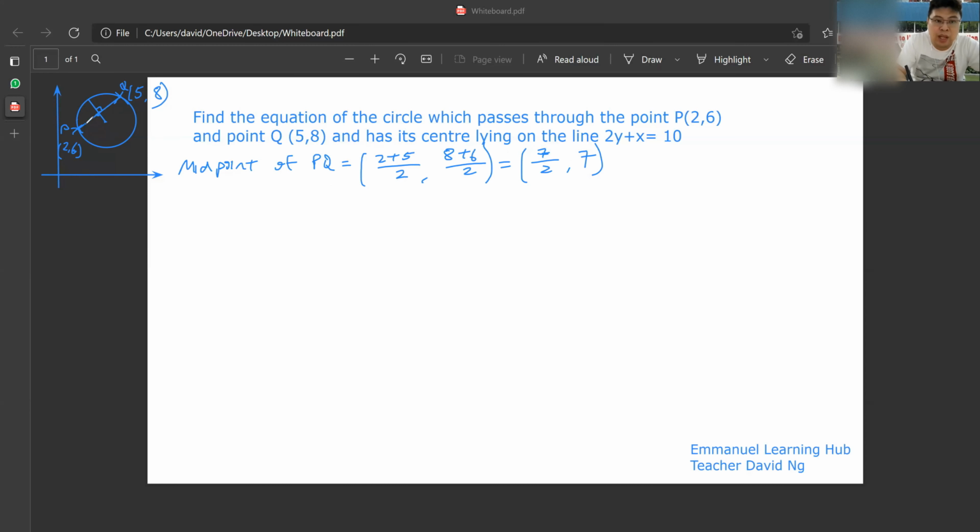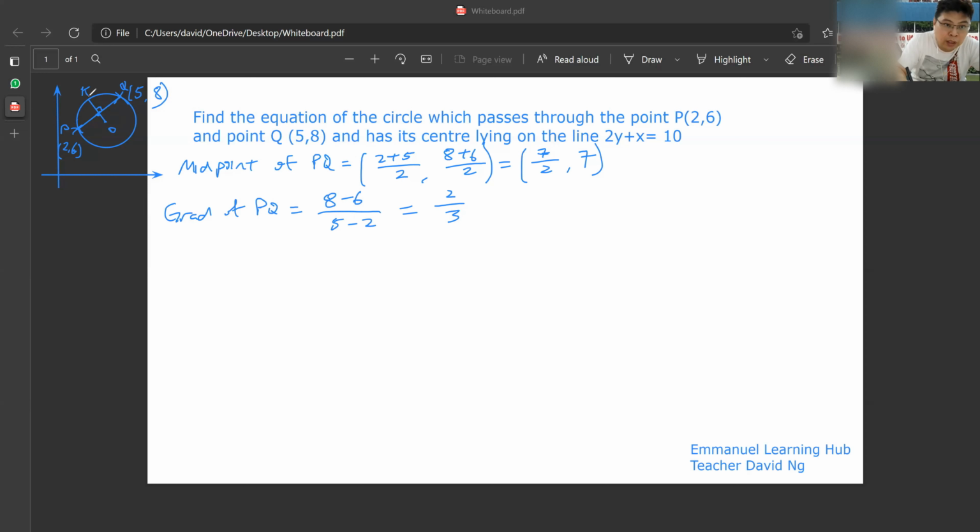Then after that, you find the gradient of PQ. The gradient of PQ will be 8 minus 6 over 5 minus 2. Gradient of PQ is 2/3, no?